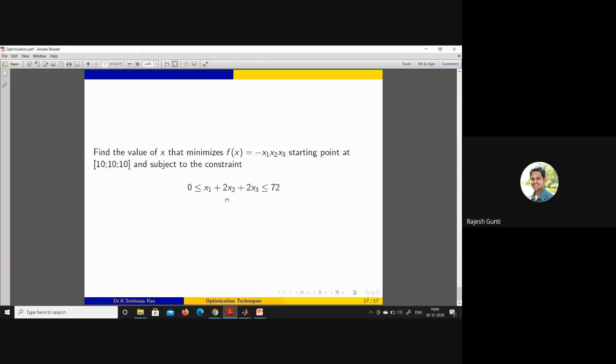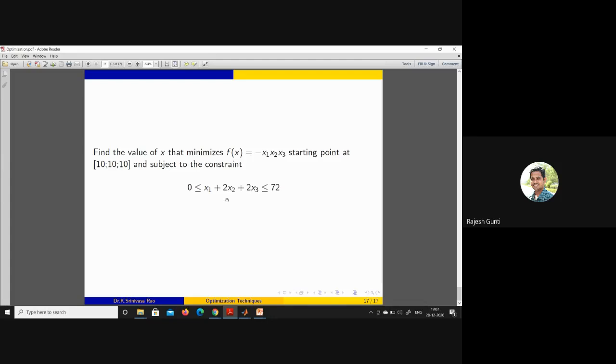Now find the value of x that minimizes f of x equal to minus x1 minus x2 minus x3, with starting point 10, 10, 10 and subject to the constraints 0 is less than or equal to x1 plus 2x2 plus 2x3, which is less than or equal to 72. Here two constraints are there.